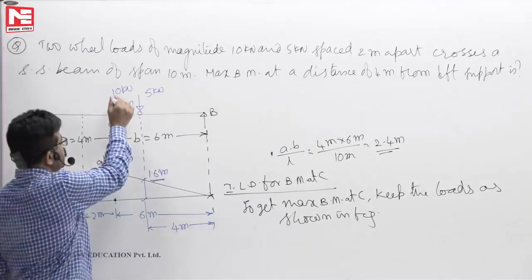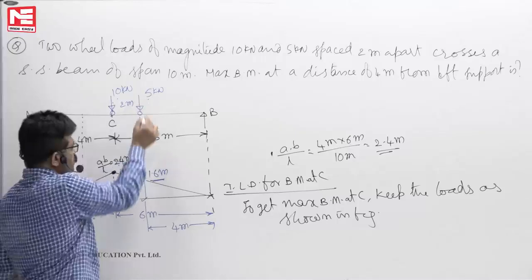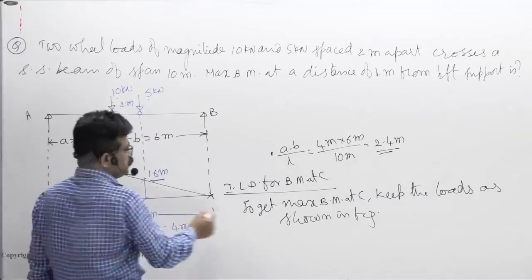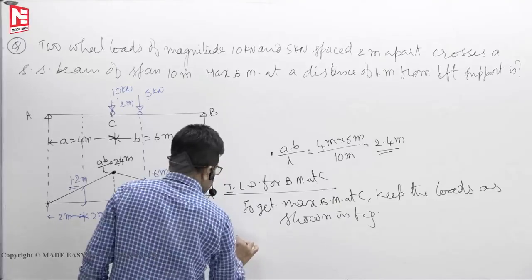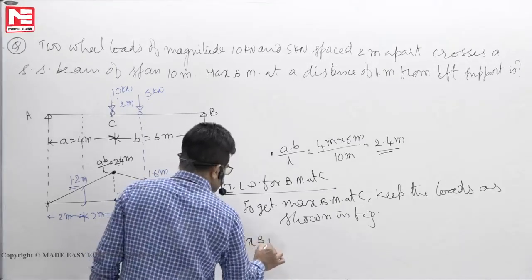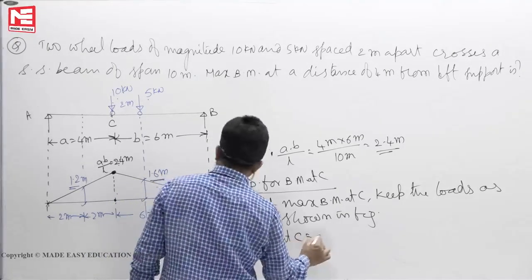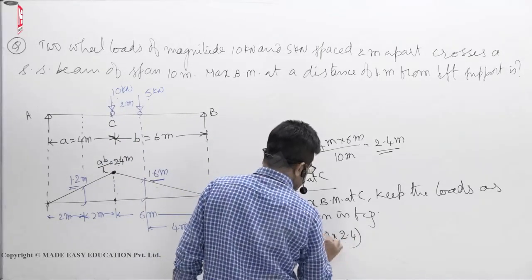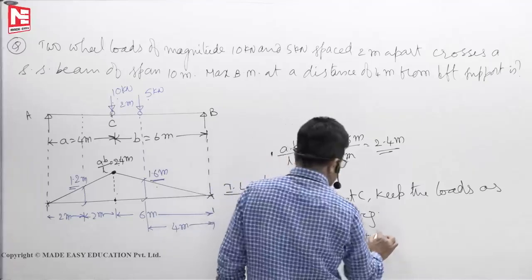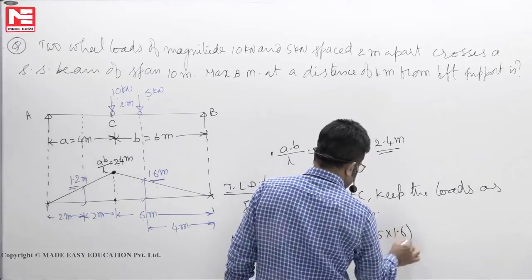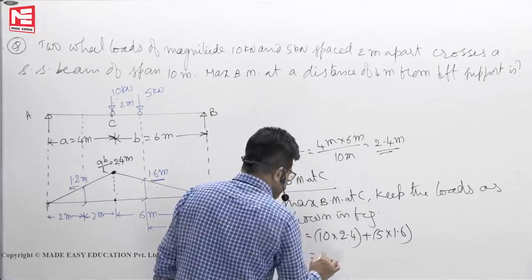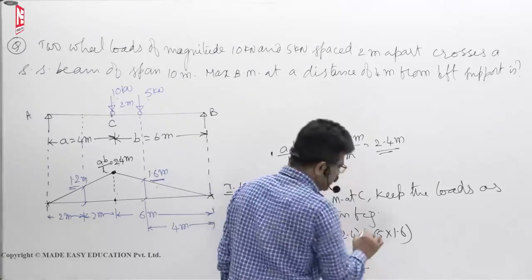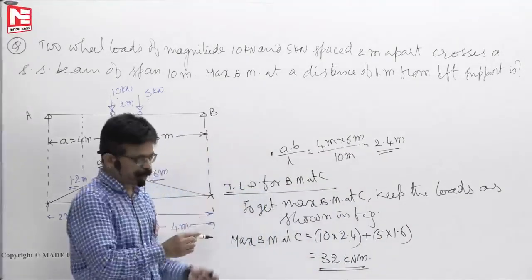So influence of 10 is 2.4 meters, influence of 5 is 1.6 meters on bending moment at C, as shown in figure. So maximum bending moment at C: 10 into its influence 2.4 meters plus 5 into 1.6, 24 plus 8, 32. This is the maximum bending moment at C.